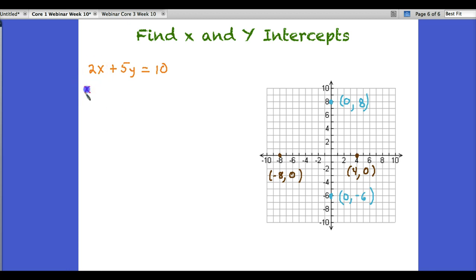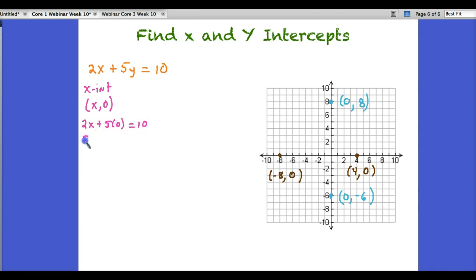So let's do our x-intercept first. So my x-intercept, we don't know x, but we know that y is 0. Okay? So all I have to do is plug in a 0 for y, and the only thing left is x. So if I do that, I get 2x plus 5 times 0 equals 10.